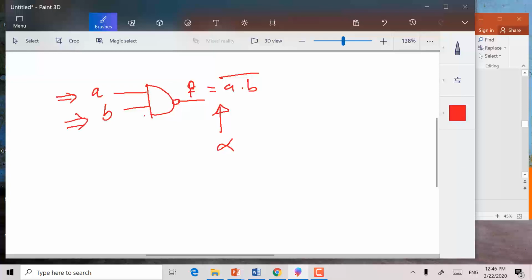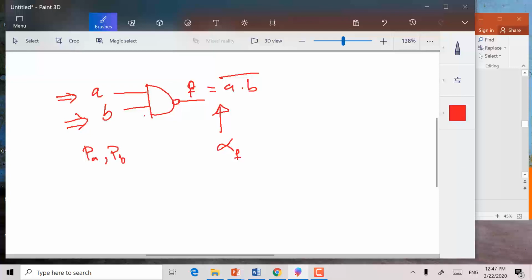So we would like to calculate the activity of signal output F given the probability of A and the probability of B. That's what we're trying to achieve here.